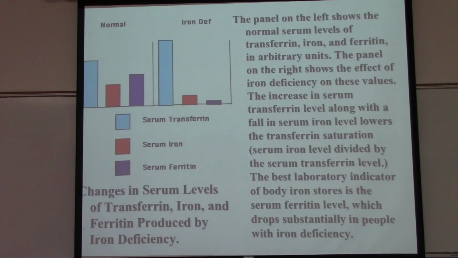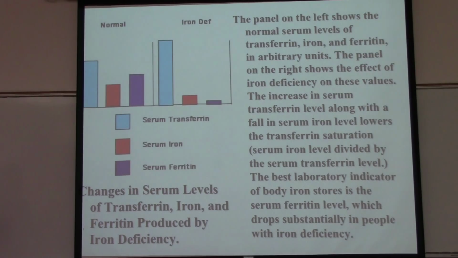All right, the panel on the left shows your normal serum levels of transferrin, iron, and ferritin, in arbitrary units. They're more related to each other is what we're looking at. So you can see that in normal, it looks like that. And in an iron deficiency anemia, one of the things the body says is, not getting enough iron.